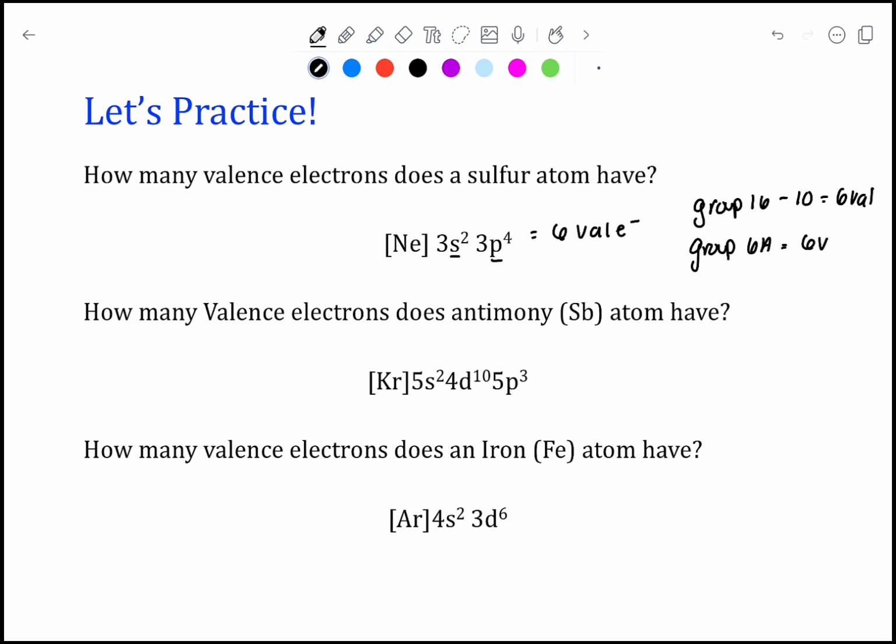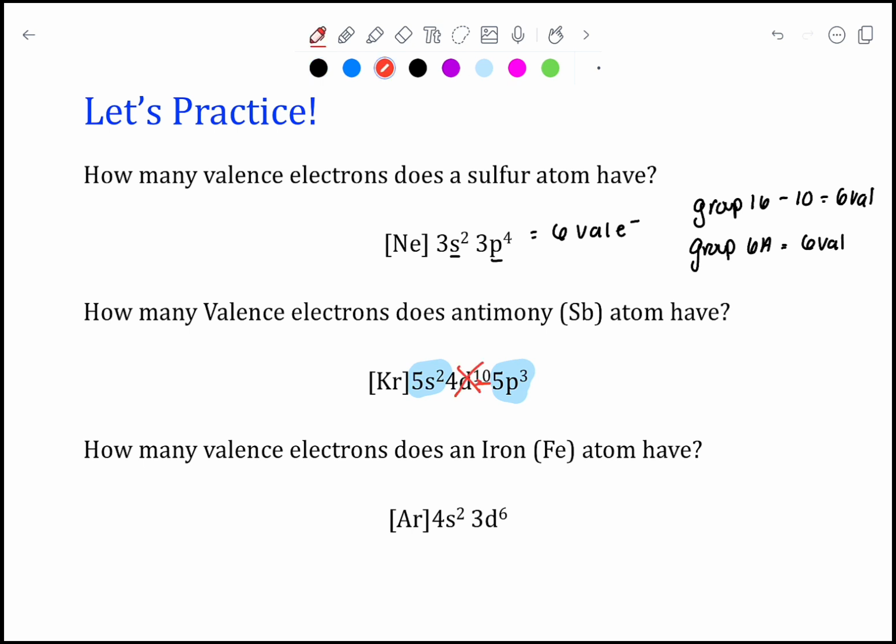So that's 6 valence. There are many ways to tell this, okay? So if you can't remember one way, try to remember the other. Let's see, so then we have antimony. Antimony is number 51. It's a p block element, so its valence electrons are only in the s and the p orbitals. So we ignore that d. Goodbye. That's the whole reason we have to subtract by 10 anyways.